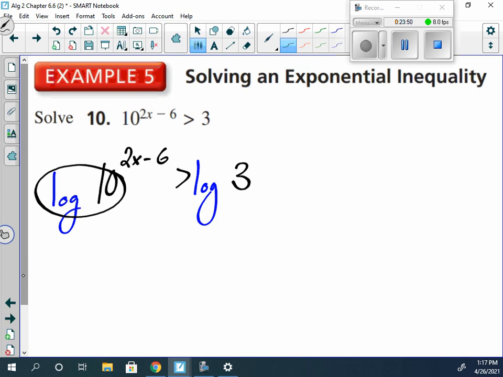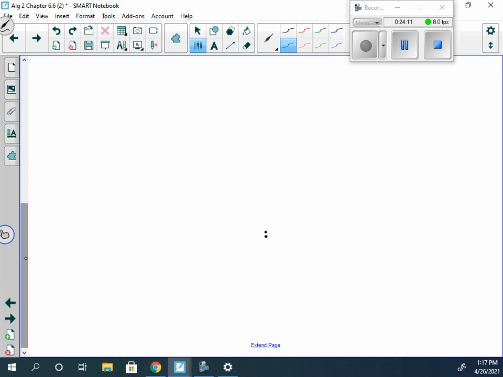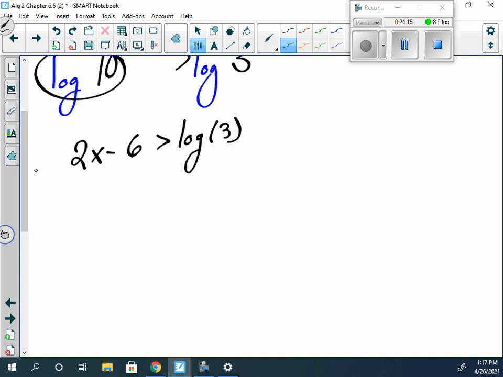It simplifies out, leaving us with just 2x minus 6 is greater than log of 3. Any questions on this so far?